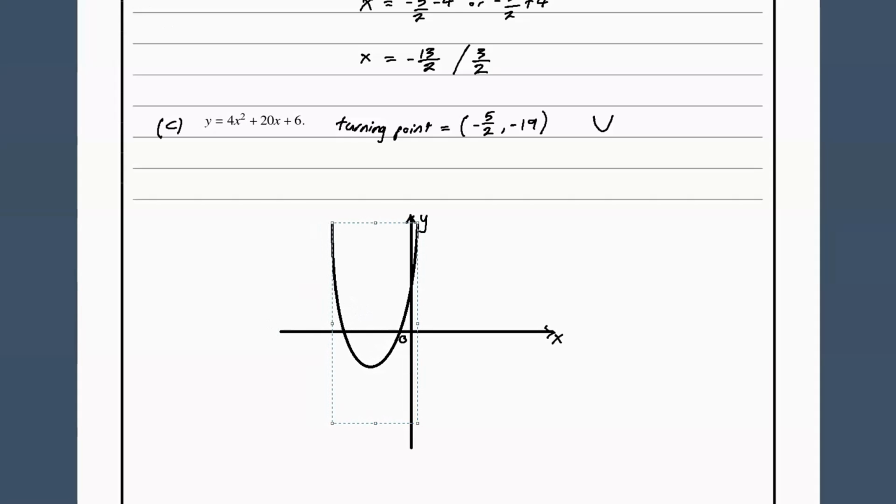I would say the graph is like this, where the turning point is at minus 5 over 2 and minus 19, and it intercepts the y-axis. That's when x is equal to 0. When x is 0, y is 6, like this. So this is how the graph should be like. All right, and that's how we do it.